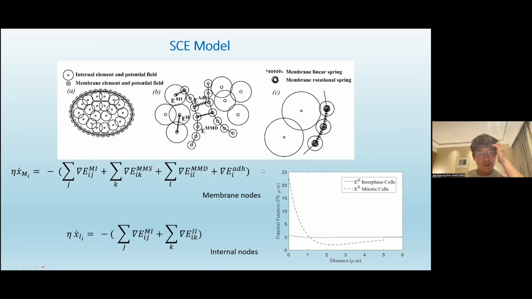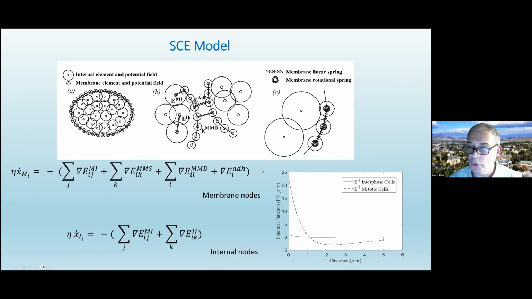Usually a random noise term is added here, like a Wiener process, to account for random fluctuations. But when cells are in the tissue, they don't move too much. They just sit there. So we neglected the stochastic term here. And x dot is just the derivative, the velocity of motion of each node in this complicated representation.